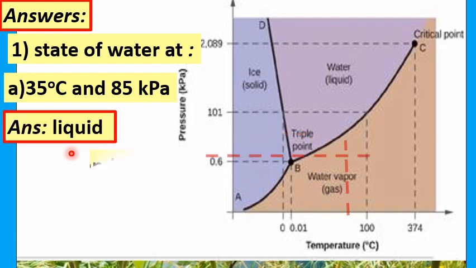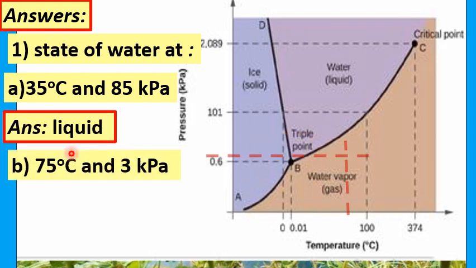Now, for letter B, at a temperature of 75 degrees Celsius and pressure of 3 kilopascal, doing the same method or technique, we find the temperature 75 degrees Celsius to be at this point, while 3 kilopascal is at this point in the y-axis.